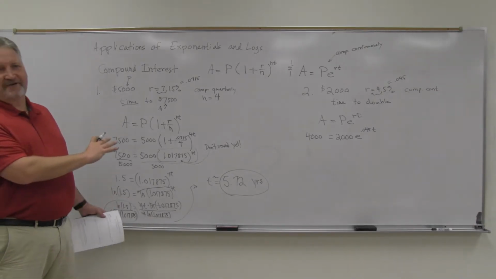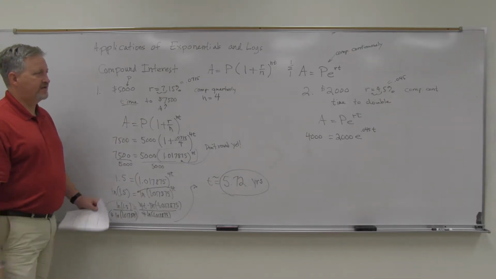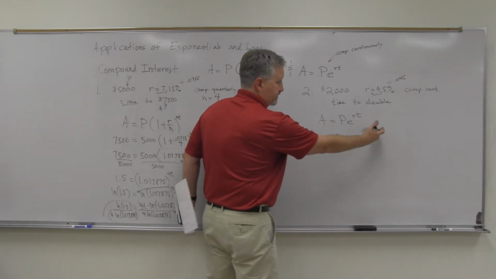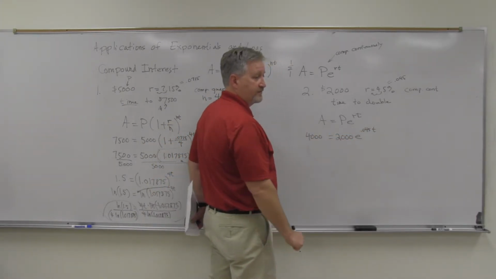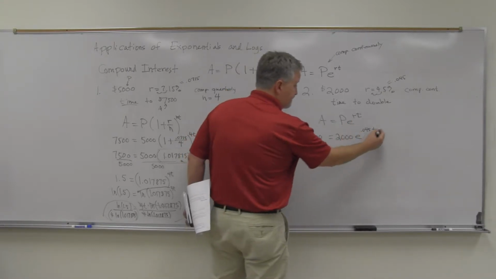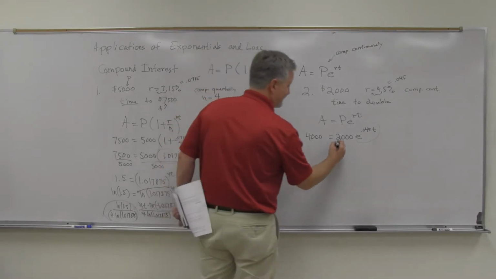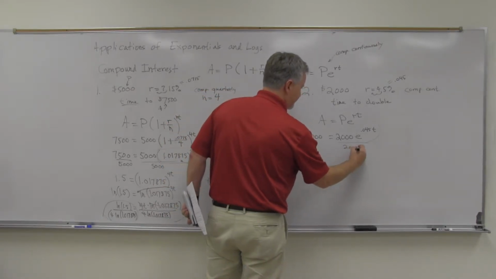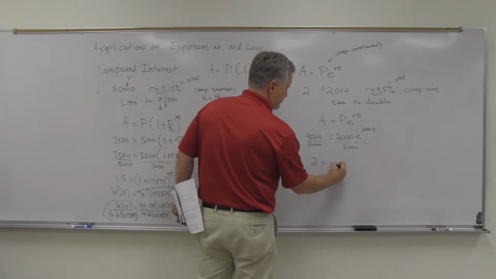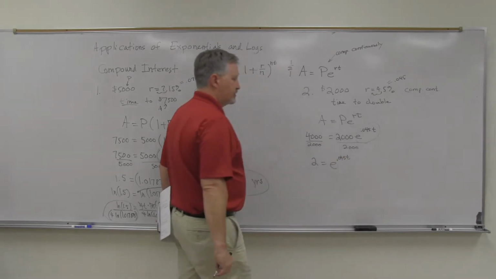A little nicer looking one than this, but it's basically the same idea, isn't it? It's an exponential equation. You've got to get the t out of the exponent there. I want to ln both sides, but to ln both sides, I need that by itself. So what's the first step here? Divide by 2,000. So that's 2 equals e to the 0.045t.